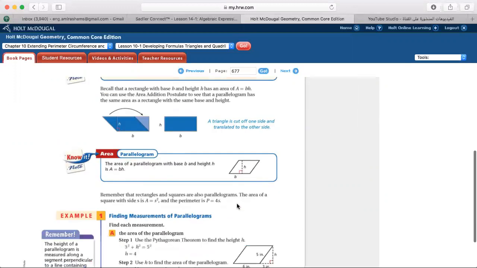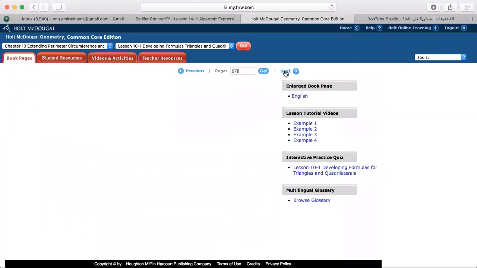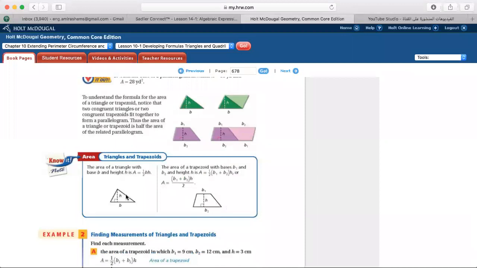Okay, girls, and then the second page, we learned the area of the triangle and the area of the trapezoid.